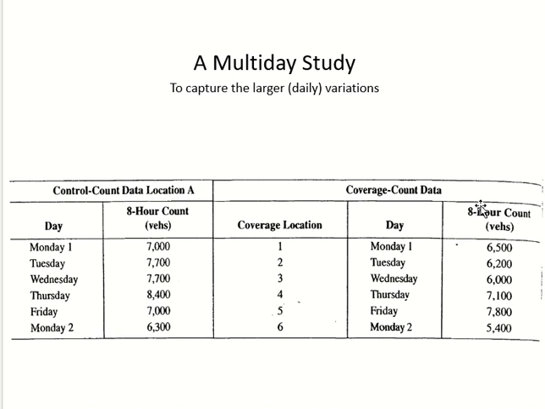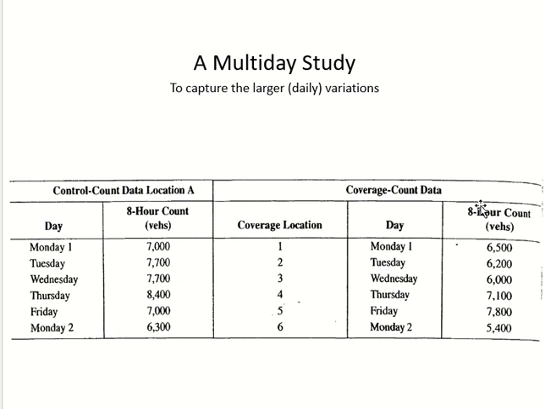Since the coverage locations need 6 days, the control will also be the same number of days. It has to be the same number of days. This is what I mentioned yesterday as well. The time period should be overlapping. You cannot do 10 hours on coverage and 8 hours on control.